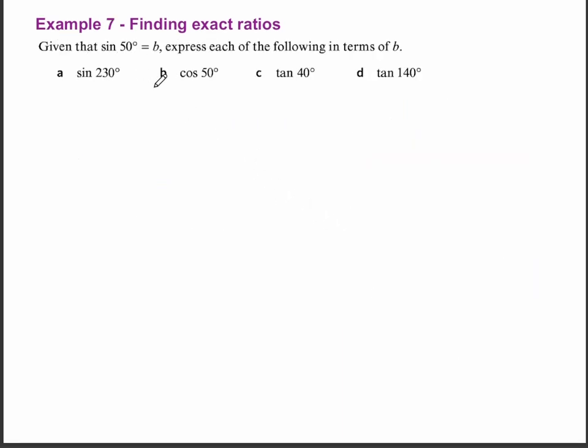Finally, given that sine 50 is equal to b, express each of the following in terms of b. So firstly, we can draw our triangle where we get theta and opposite over hypotenuse. Opposite in this case is b, and hypotenuse in this case is 1, because b is just the same as b/1. Obviously, theta in this case is 50 degrees. Then our last side is going to be the square root of 1 minus b squared.